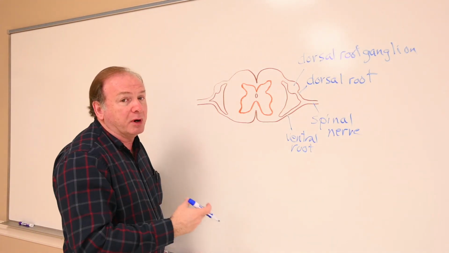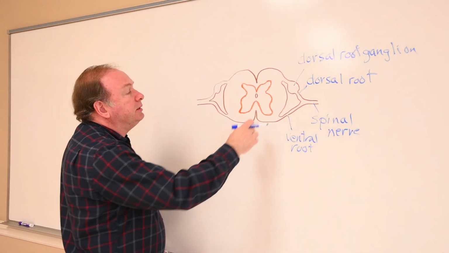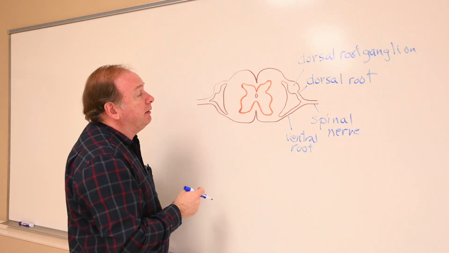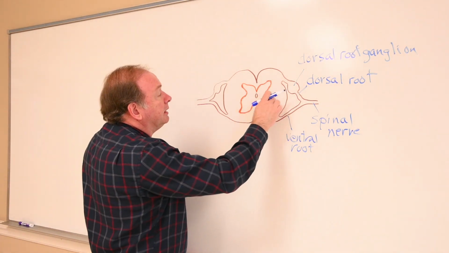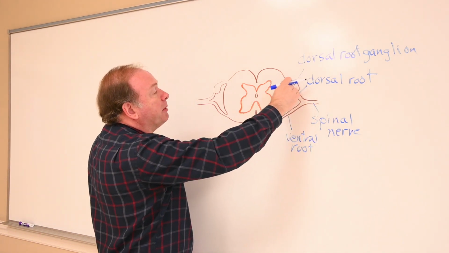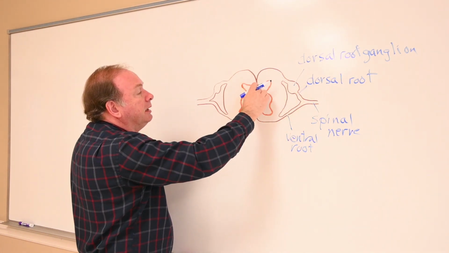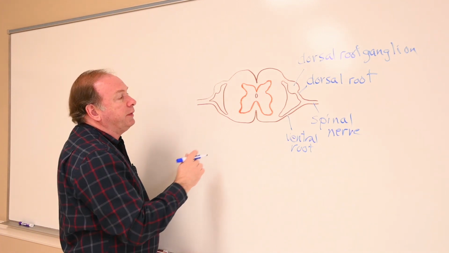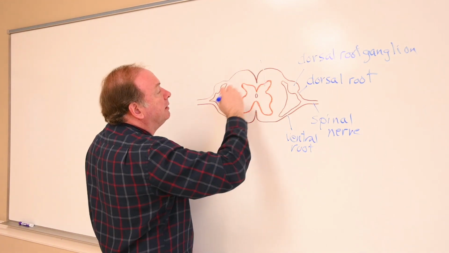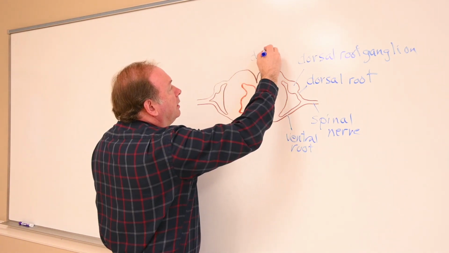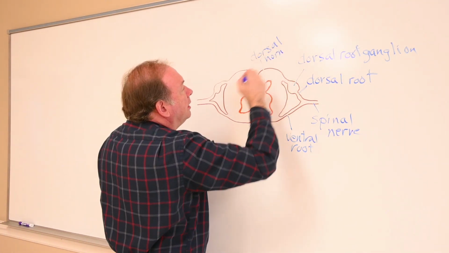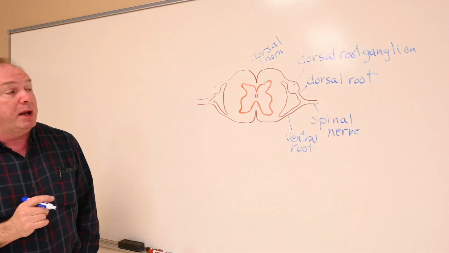Gray matter has neurons in it in abundance. White matter does not. It's simply nerve fibers traveling up and down the spinal cord, and does not contain any of the nerve cells. So the incoming message from your dorsal root ganglion needs to come into your gray matter within this part here. That upper portion where that signal comes in is called the dorsal horn of gray matter.